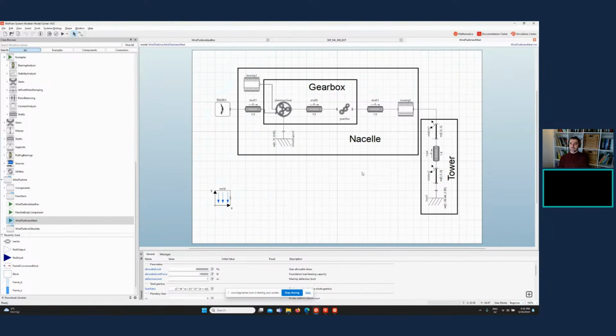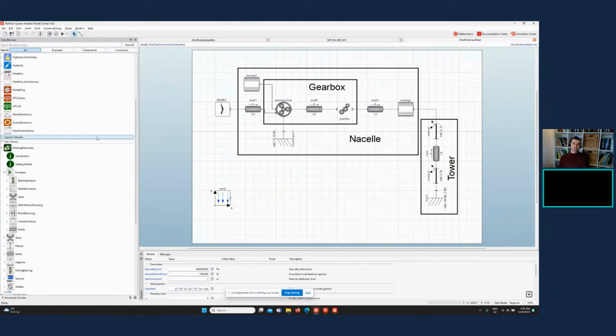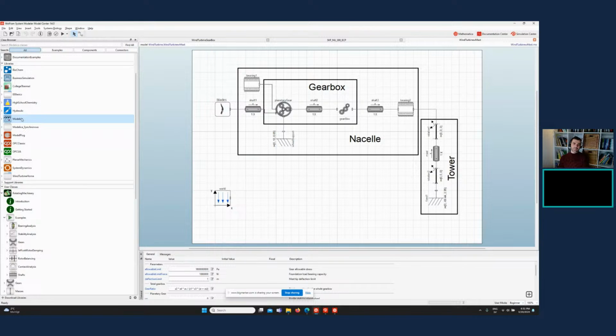So does the system use the latest Modelica version? There's the latest version of the Modelica language, and there's the latest version of the Modelica standard library. And we are on the latest on both the language and the library. As for the library, that means 4.0. I should sort of remember this.